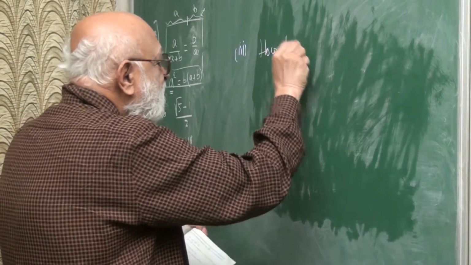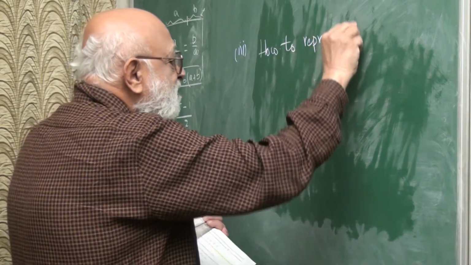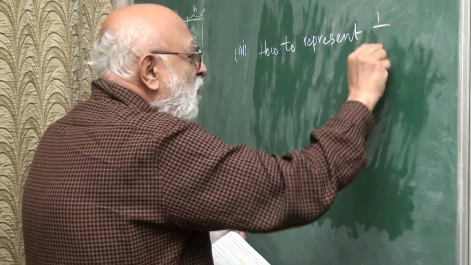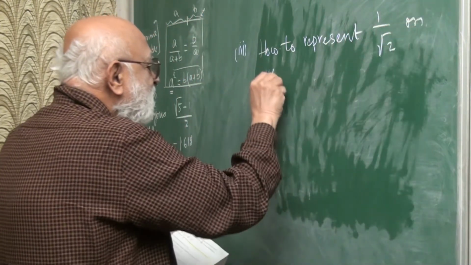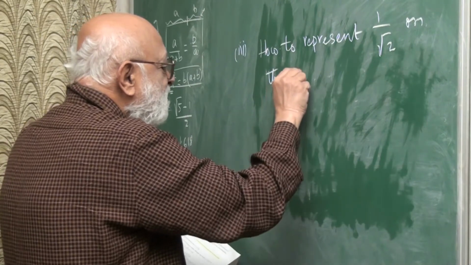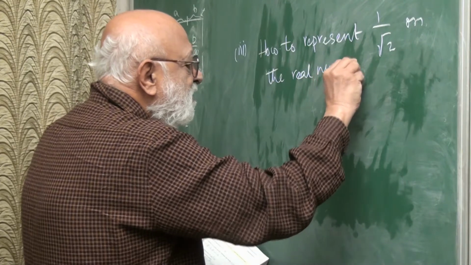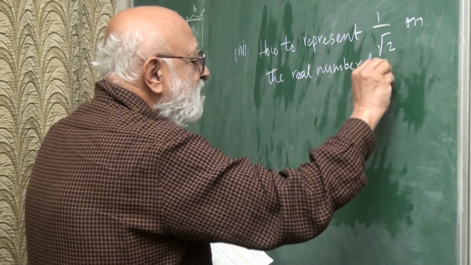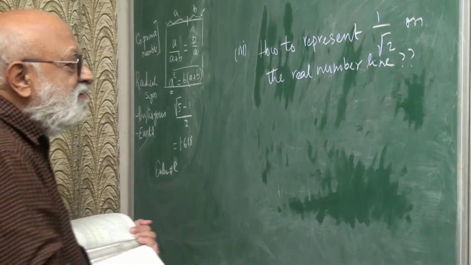how to represent 1 upon root 2 on the real number line. How do you do that? It is very difficult.